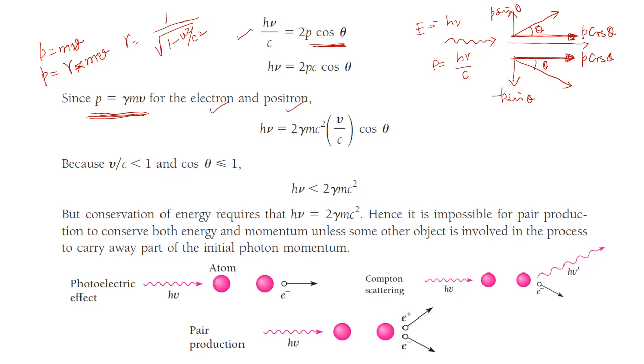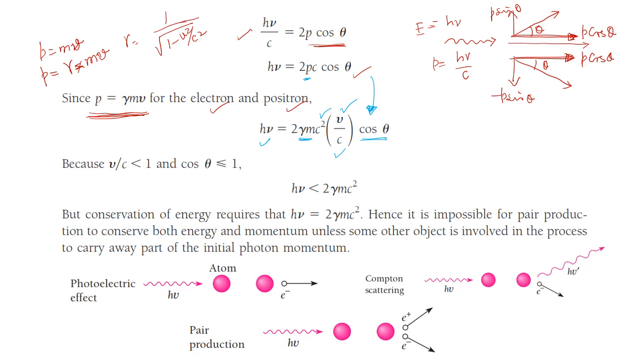So in this equation, in place of p we write gamma mv. We multiply and divide by c, so c and c square appear, and cos theta remains the same. So the expression becomes this expression.